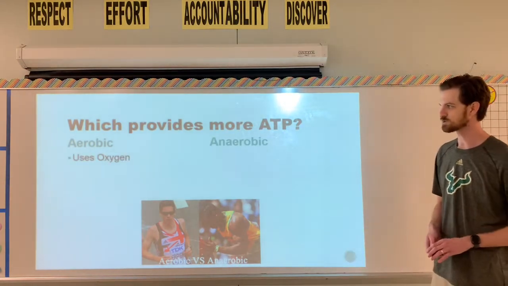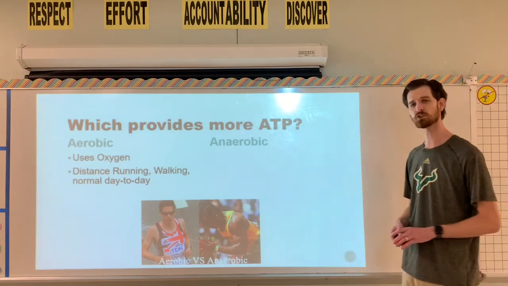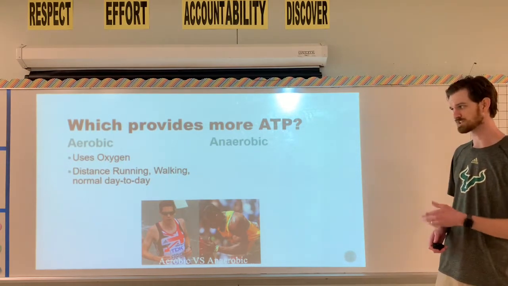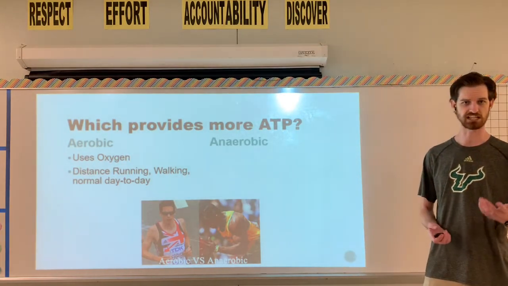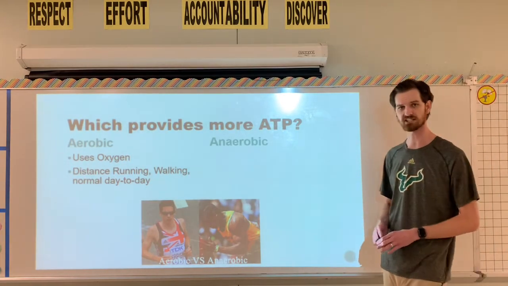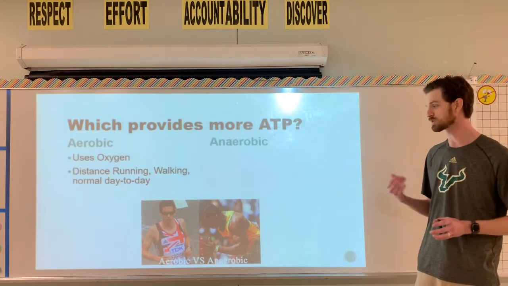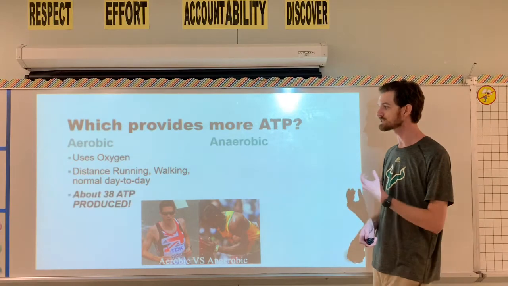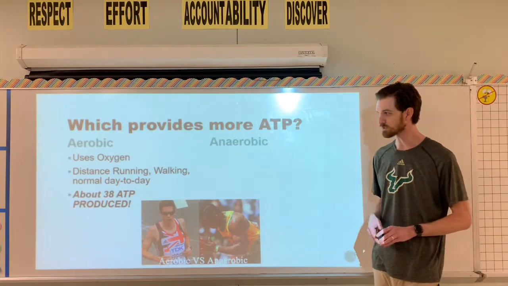So let's look at the two here. Aerobic, again, uses oxygen. This would be most of your normal day-to-day activities: distance running, walking, just breathing, sitting there taking notes right now. You're doing aerobic activity. You're breathing in oxygen and breaking down sugars with that oxygen in order to get the energy out. It produces a lot of energy, about 36 ATP.